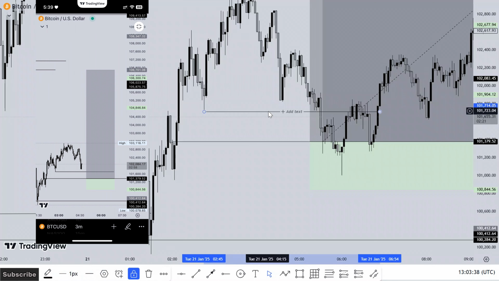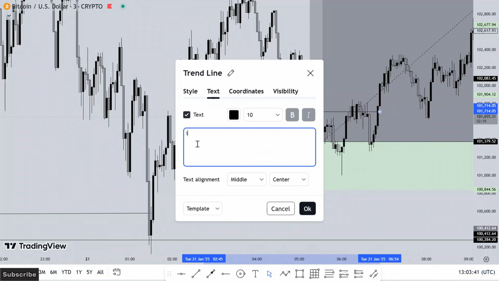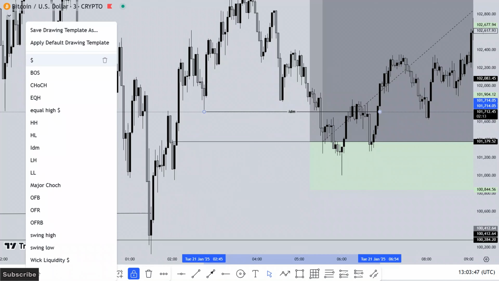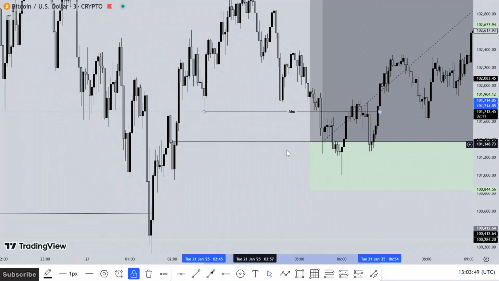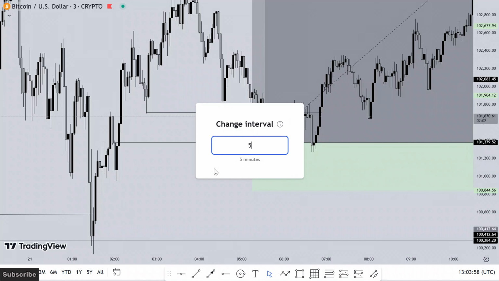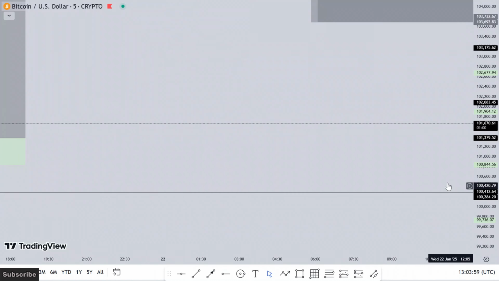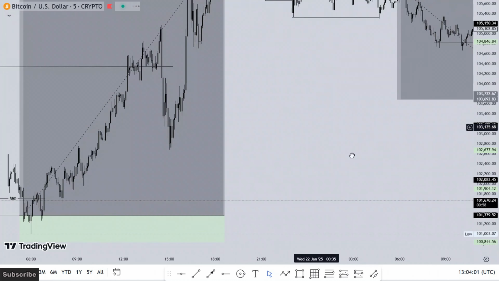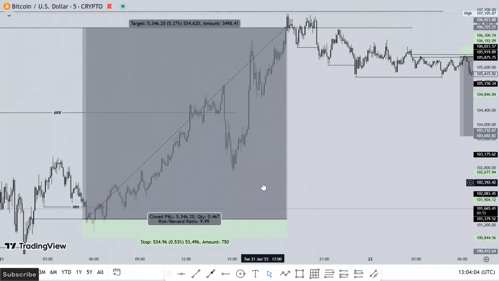I mostly don't identify those words in them because I'm the one analyzing the chart, I already know what they mean. So I took that place as my IDM, which is inducement, and then I took this place as my entry. Then the market just came, tapped me in, and moved in my direction so easy. So this was a 9 risk to reward trade.